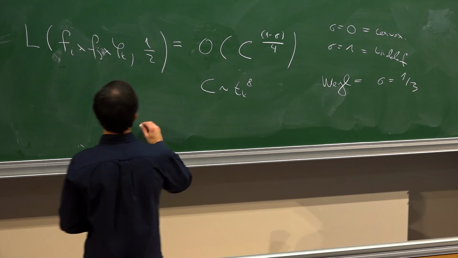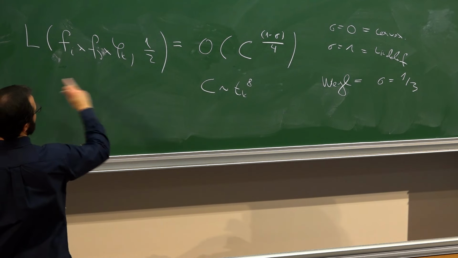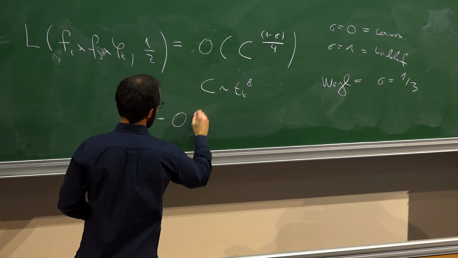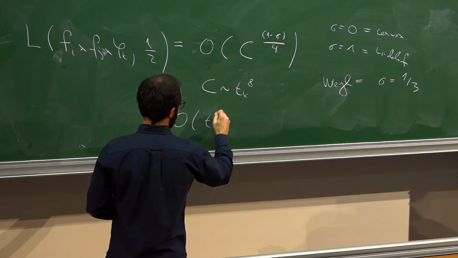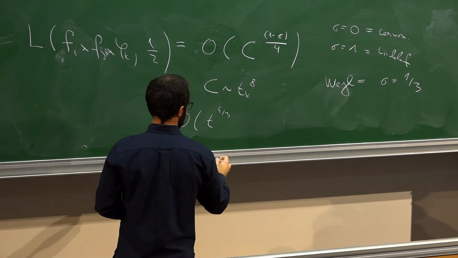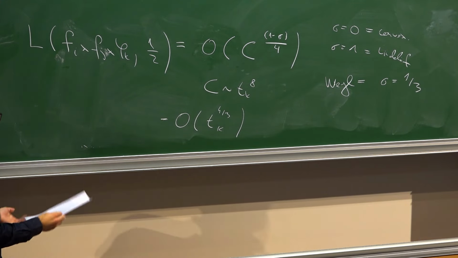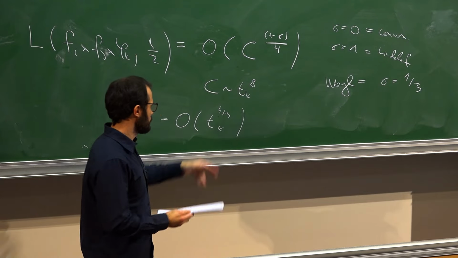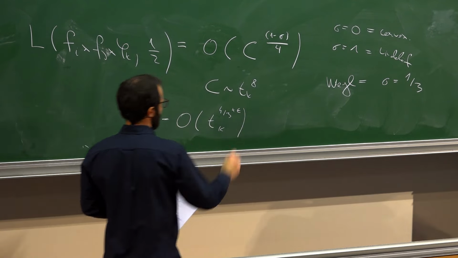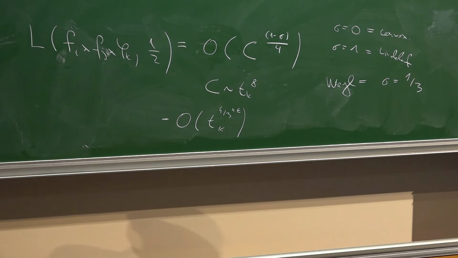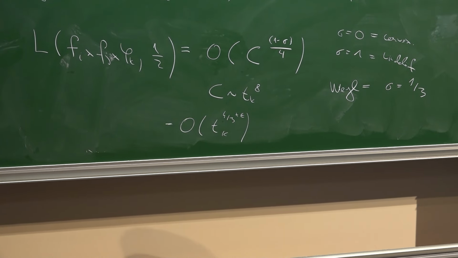So what we proved is Weil, which is the same thing as t to the 4/3. Not quite Lindelöf, for which this would have to be 0, but it's better than the previous state of the art.